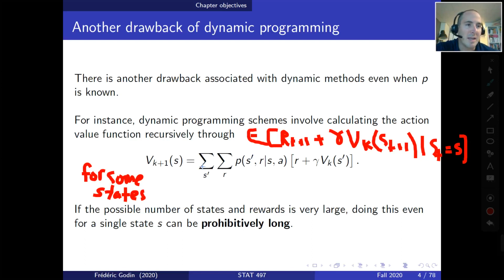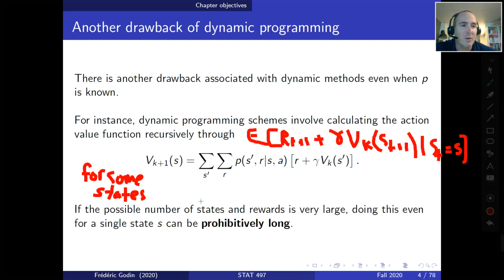Okay, this seems nice. This seems to be shorter, and it is shorter, but is it sufficiently short? Because even if we do that policy evaluation update for a single state S, we still have to sum across all possible next states S prime and all possible rewards. Let's forget about the summation for the reward and only consider the first summation.